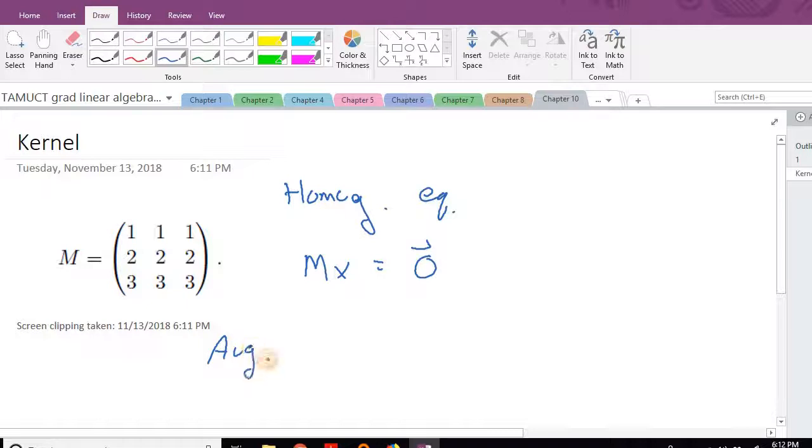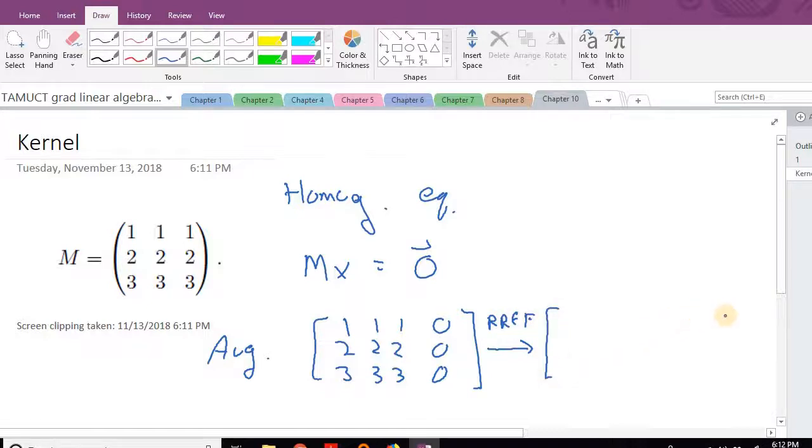So what's the augmented matrix going to be here? You add 0, 0, 0 as the fourth vector, on the end here. Now this one's actually quite easy to row reduce, and we can just do it in one step.